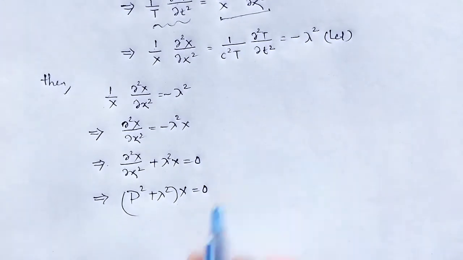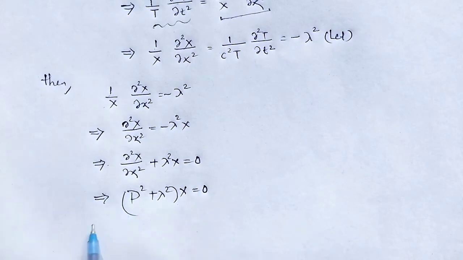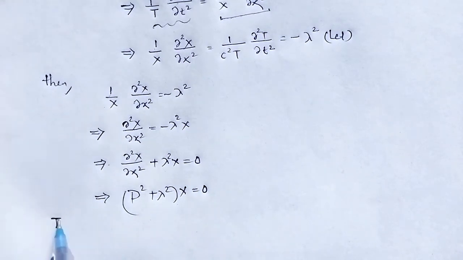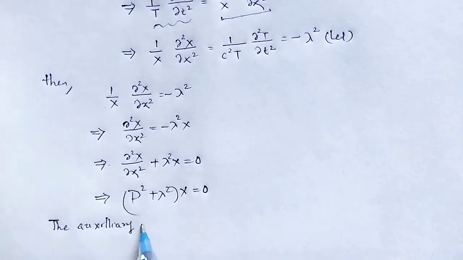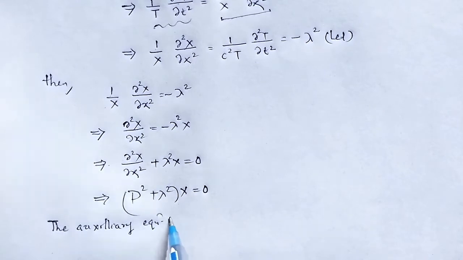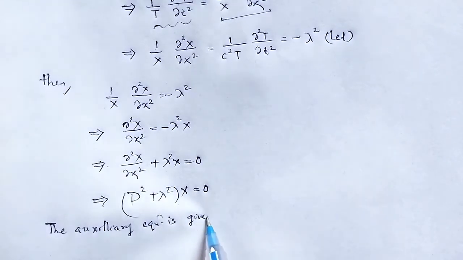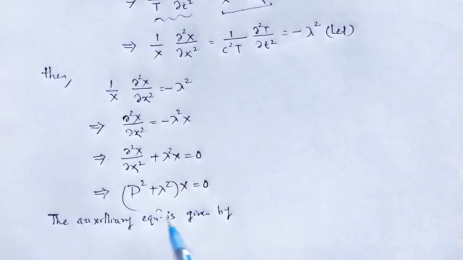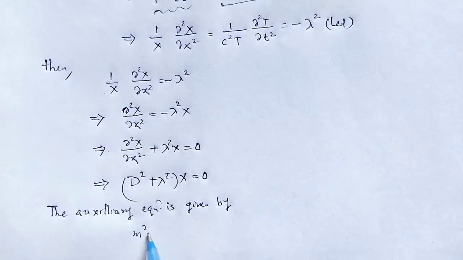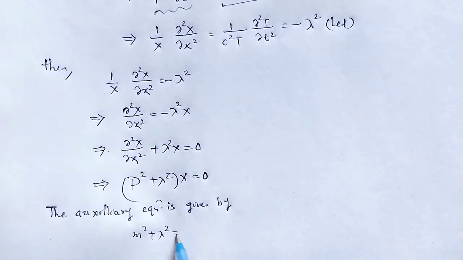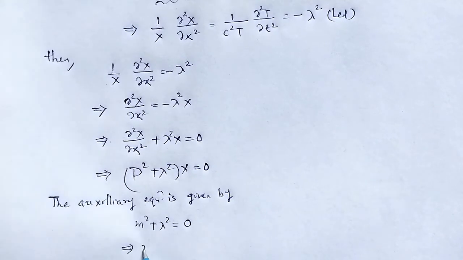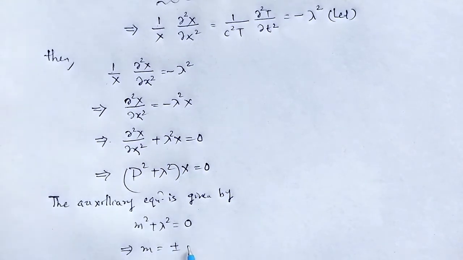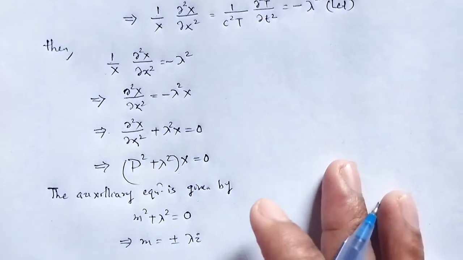Therefore the auxiliary equation is given by m square plus lambda square is equal to 0, which implies m is equal to plus minus lambda i.